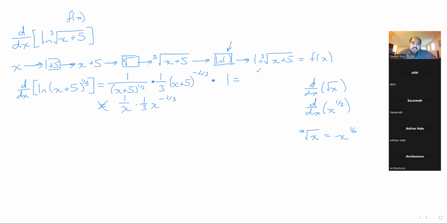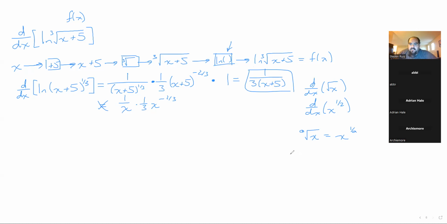This is all going to work out to be 1 over 3 times x plus 5 times x plus 5. Because if I were to take this negative exponent, I'll break this off to the side here.